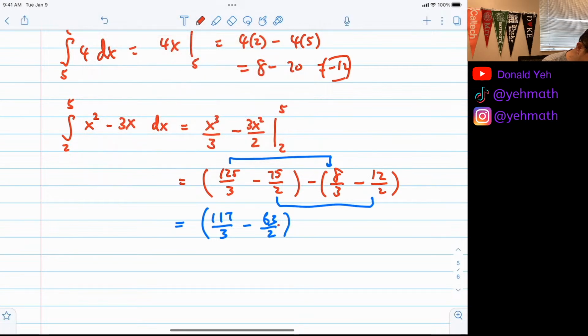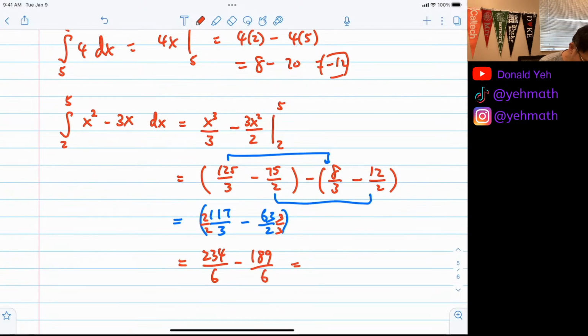And now I can combine the fractions here. I need to multiply this by 2 over 2 and this by 3 over 3. So that's equal to 6 on the bottom, and this is going to be 234 minus 189 over 6.